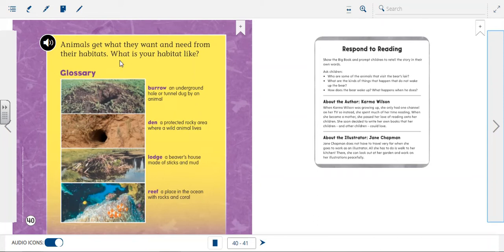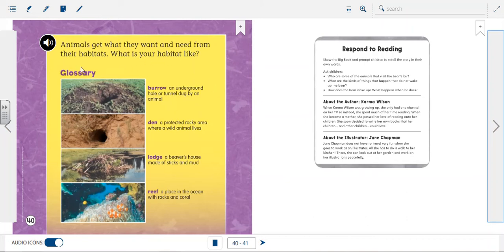In our nonfiction story about animal homes, there might be four words: burrow, den, lodge, and reef that we don't know. We can go to the glossary to find out what those words mean when we read them. The job of the glossary is just to help you understand words that you might not know in a nonfiction story. The glossary is usually at the back of the book.